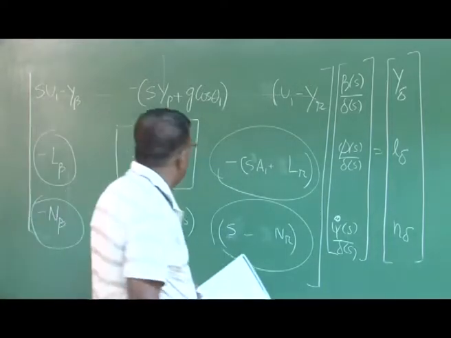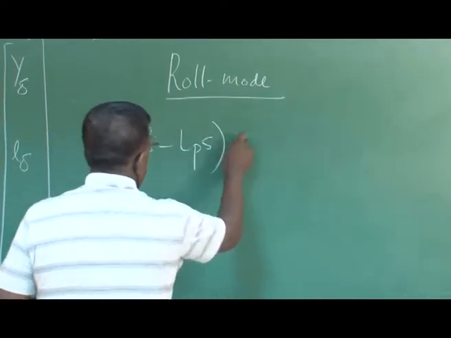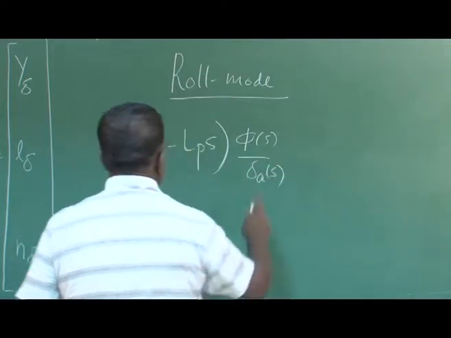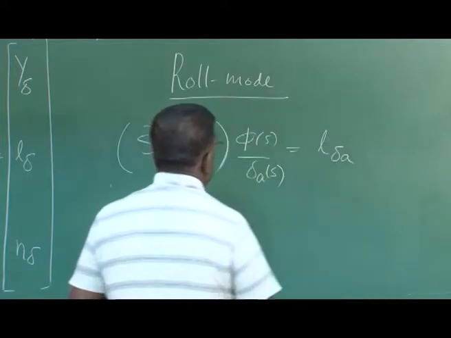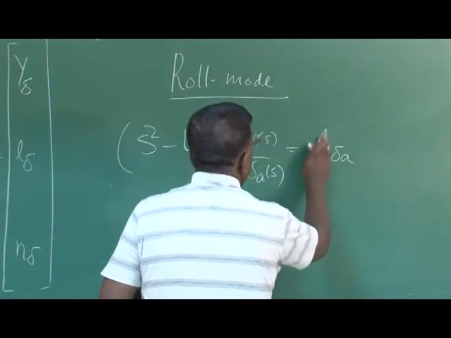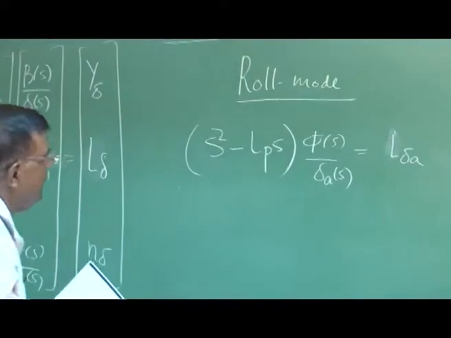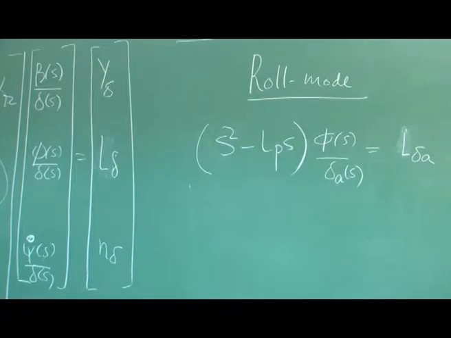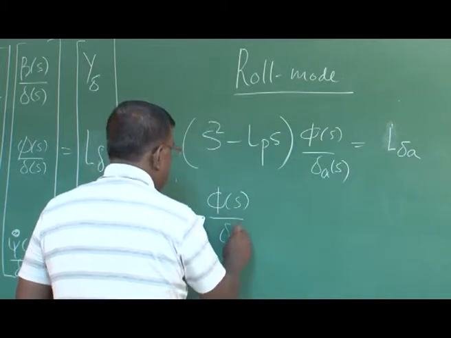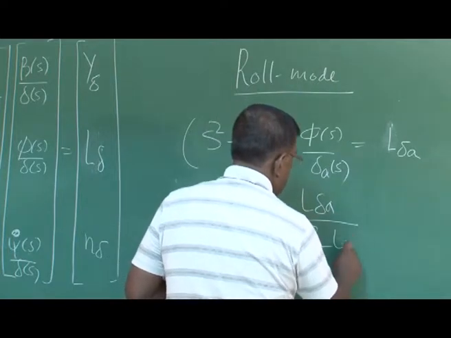One dimensional roll, with aileron input delta A. I can write capital L delta A for clarity. Now I can easily write phi of S by delta A of S is equal to L delta A by S square minus LP S.